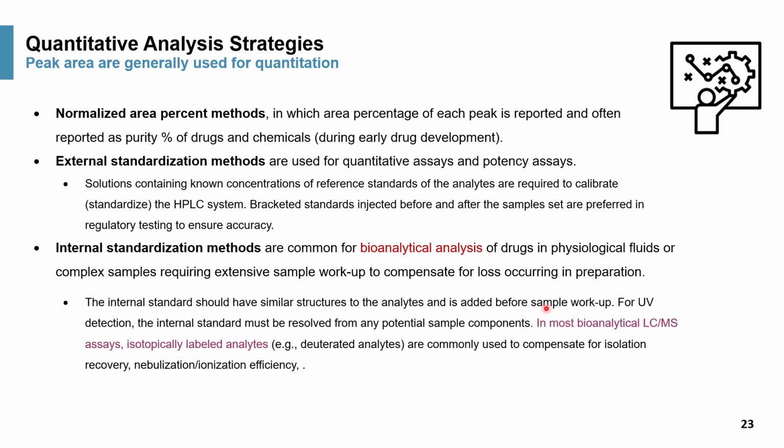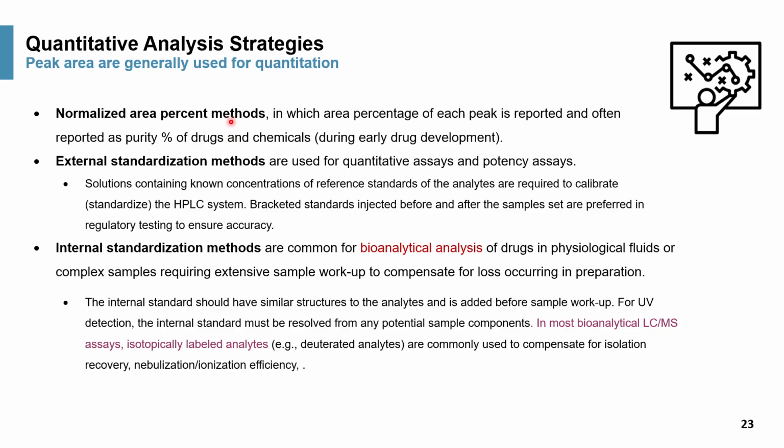Very briefly on the quantitative analysis strategy, we divide it into the three typical standardization methods, right? A very popular one is the normalized area percentage method. During early development, phase 1 and early phase 2 methods, typically a normalized area percentage is assumed to be equal to the weight percentage of your sample, which is the gold standard, right?